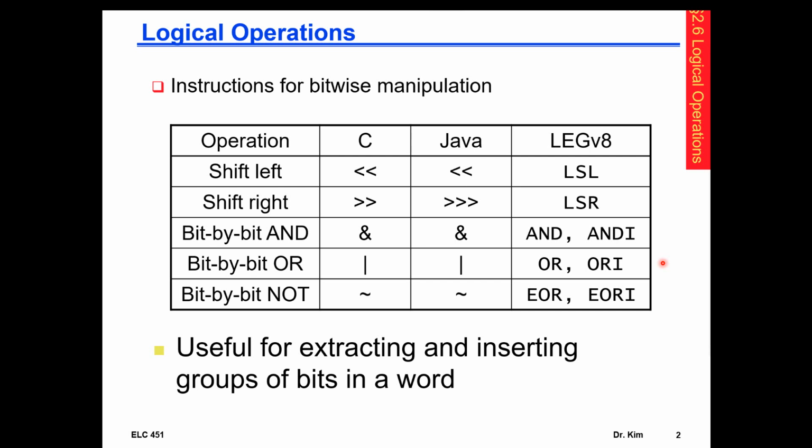And then the shifts is just shifting the bits. So if we are shifting the bits left, then each bit goes to the next more significant bit position, and then a 0 is inserted into the least significant bit position.